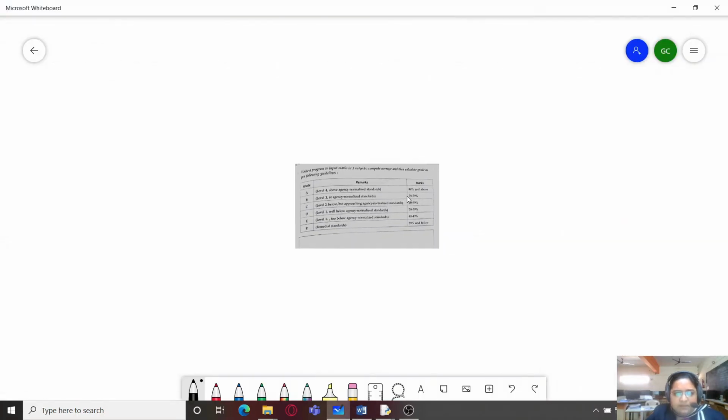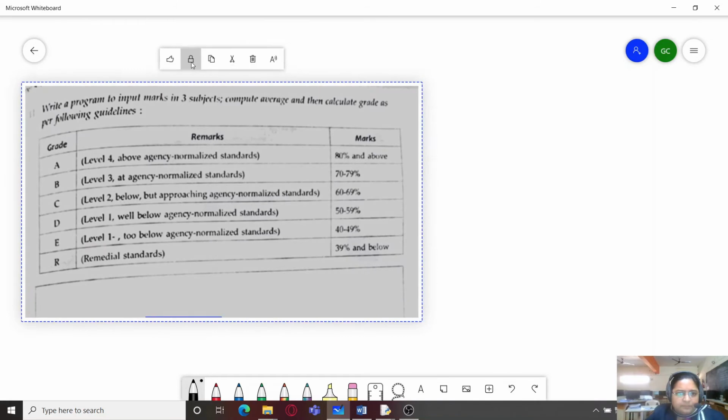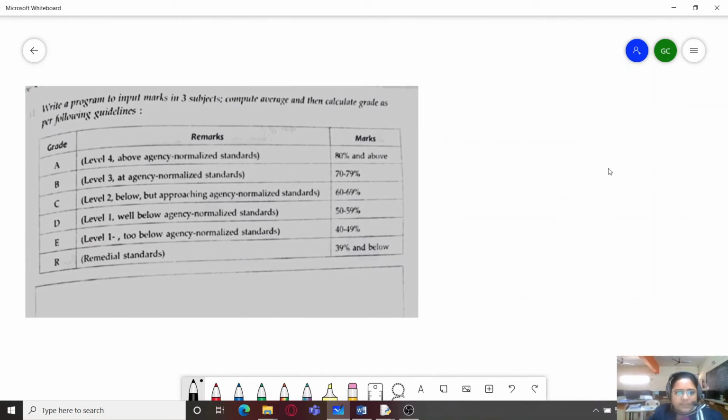So let us first evaluate how we shall be calculating the grade. As you can see that this structure almost represents the cascading if else. So we will start from here, that is from 80%. If average is greater than equal to 80, because it's given 80% and above.